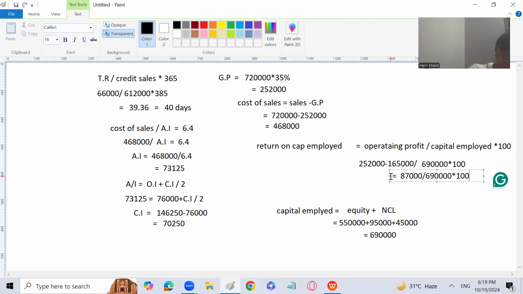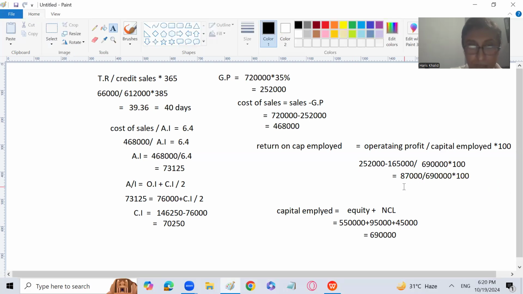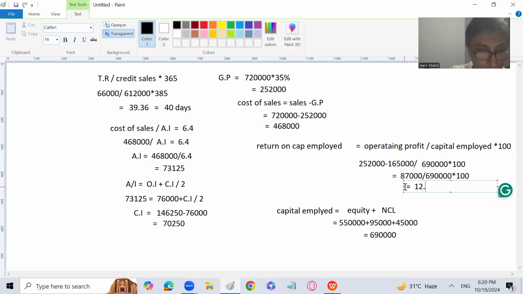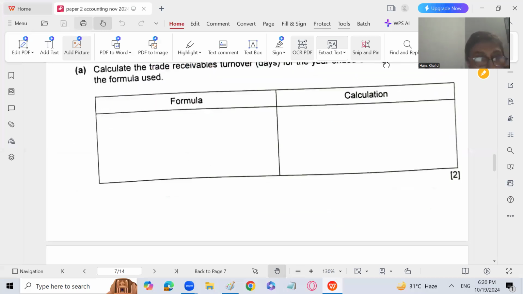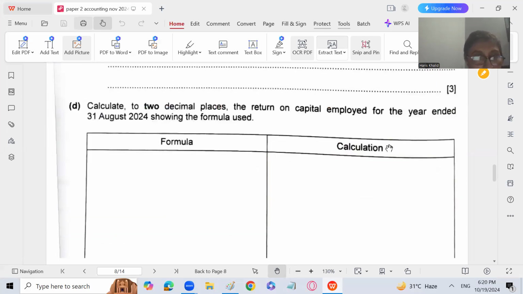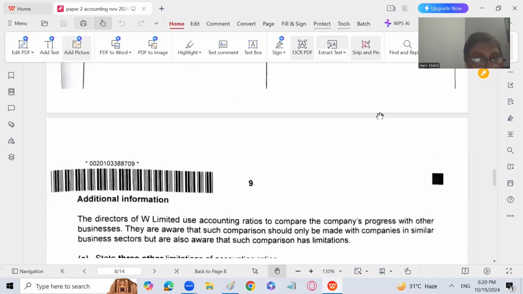So let me calculate it first. Divide by 6,90,000 multiplied by 100. The answer is 12.61%. I have rounded it off also. 12.61% is the answer of return on capital employed. So how much return are you getting on your capital employed? That is 12.61%. So we have calculated that, knowing the formula used.